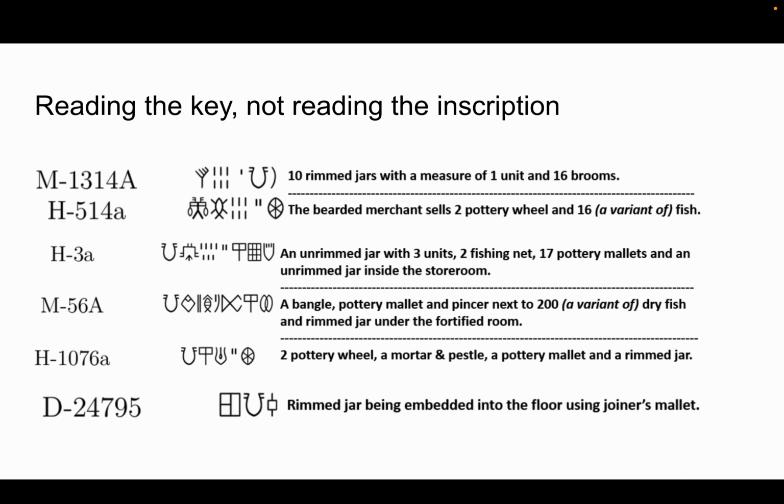It is not a thing which you expect someone to write somewhere. Or if you see the M56A Bengal pottery mallet pincer next to 200 dry fish and rim jar in a fortified room, you don't expect these words together. So these decipherments need a little more work until they can consistently produce a lot of meaningful readings.